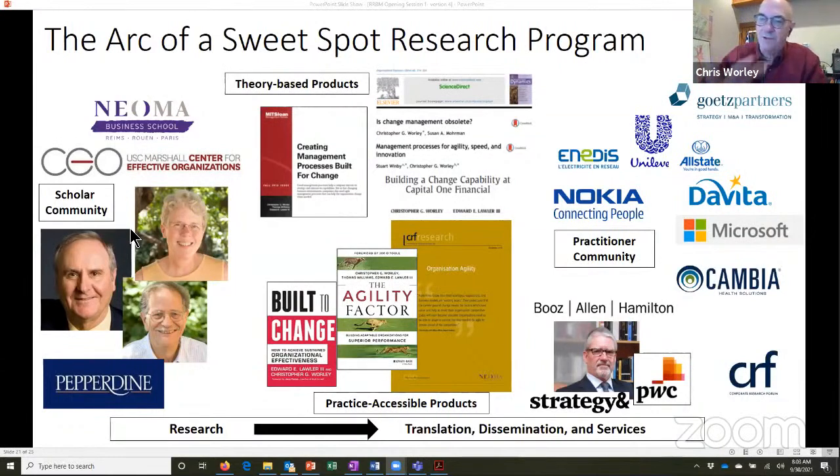Over on the left, you've got the scholar community that I'm a part of, and over on the right, you've got some companies that were very much a part of the Center for Effective Organization. Some of them are sponsors at the center.